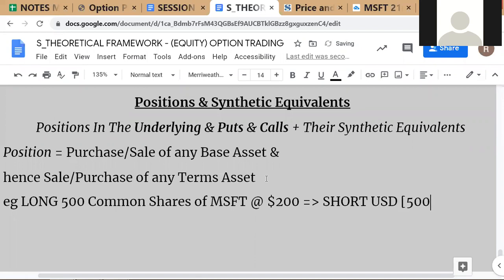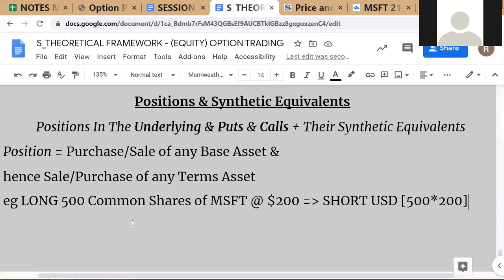I should write it this way so that you know where the number came from. Okay, so $200 each, 500 shares. So you're long so many common shares at a price of $200. That means you're short US dollars equivalent to this amount. Okay, that's your position.